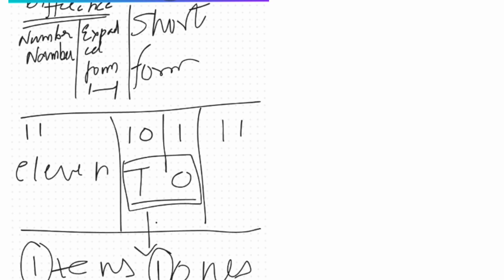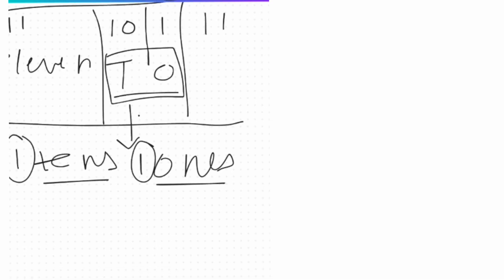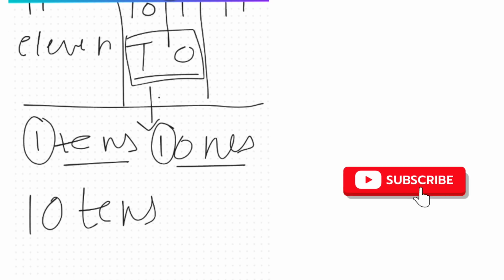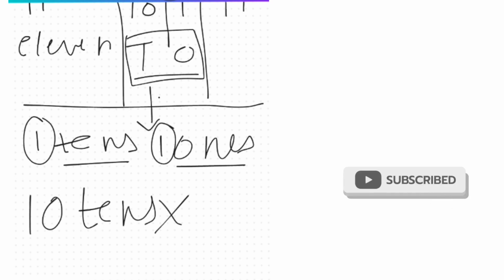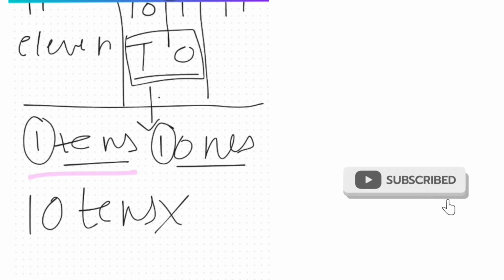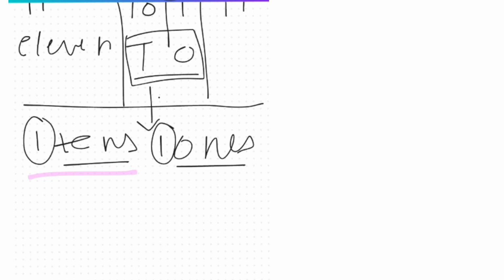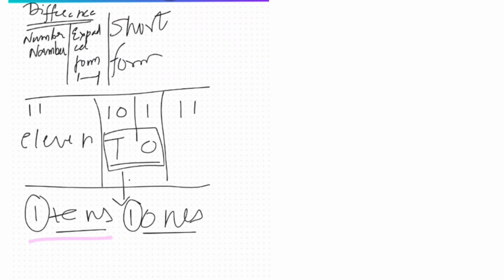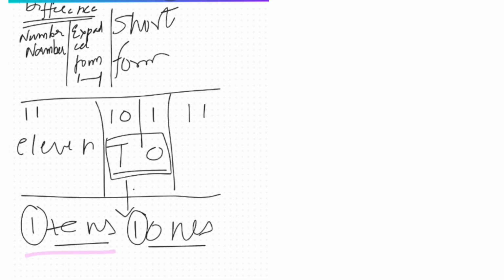The mistake we make here is writing 10 tens. This is wrong. We write only in this form. So now you can differentiate the number name, the expanded form and the short form.